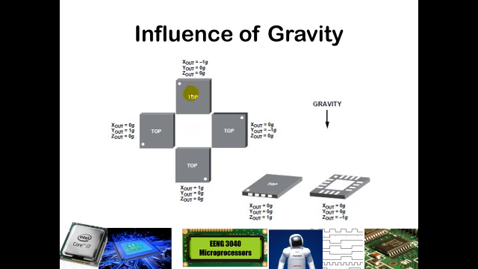Gravity is pulling down with the acceleration of 1g in this direction. If you were to rotate this 180, the x-axis would still be experiencing 1g of acceleration, but it would be going in the opposite direction relative to the piezo crystal associated with the x-axis. And so in this case we would see positive 1g here, negative 1g there.